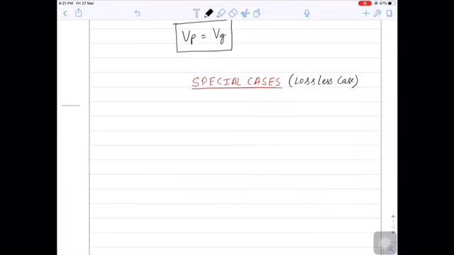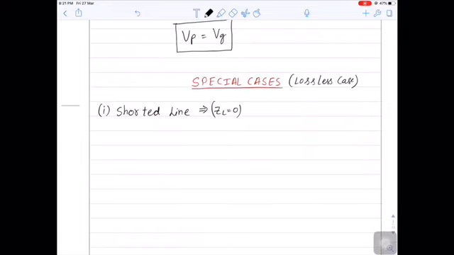Here, our question is, what happens if a lossless transmission line is terminated with a short circuited connection? So, let us take the first case, that is shorted line, which means the load end of the transmission line is short circuited, that implies ZL equal to 0.